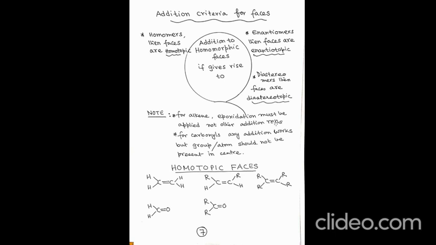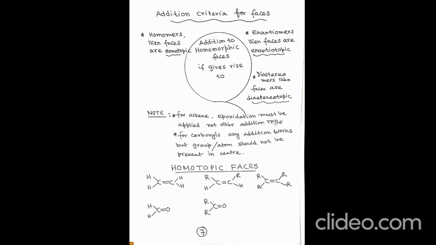When we apply it to the alkene, among all the additions only epoxidation is to be applied, other additions are not allowed. And in case of the carbonyls, any addition we can apply in order to understand the topic relationship between the two faces.